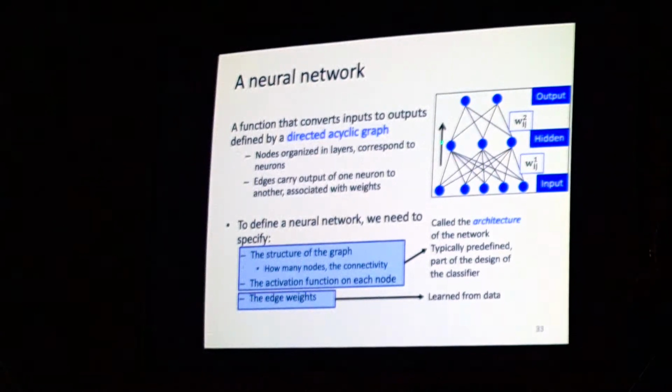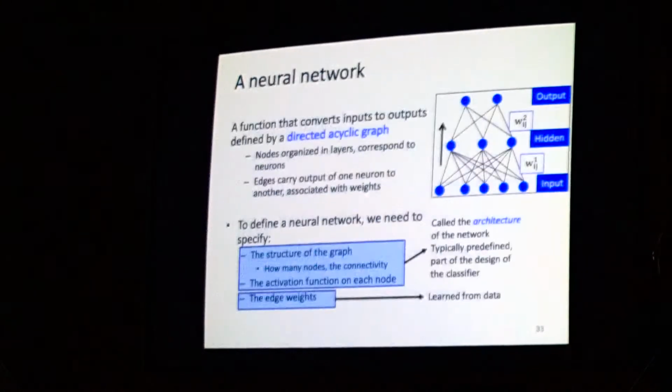To compute each neuron, we just multiply each incoming neuron which connects to this neuron by the weight on the edge connecting them, and then we add them together. This is the first step. It's called linear combination or dot product, whatever you like. And then we apply an activation function.